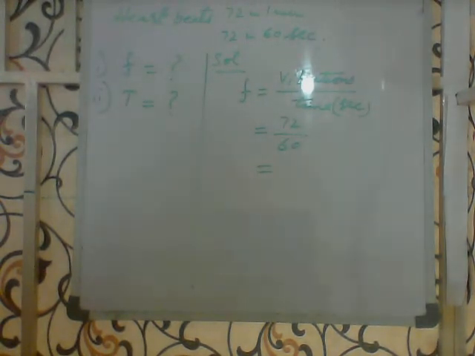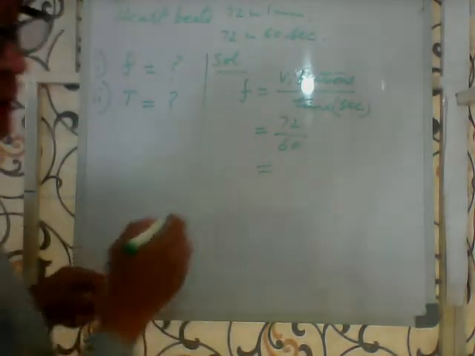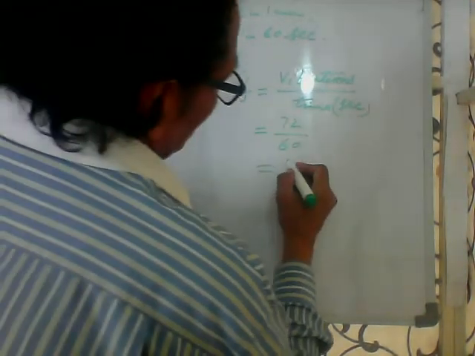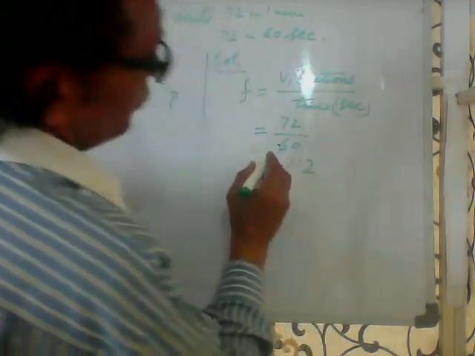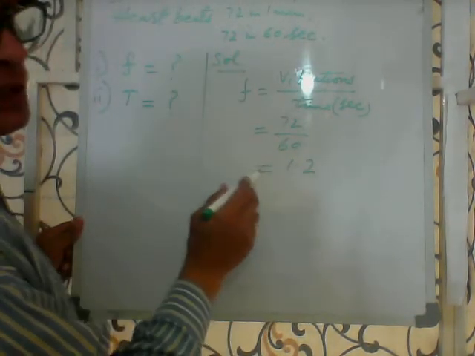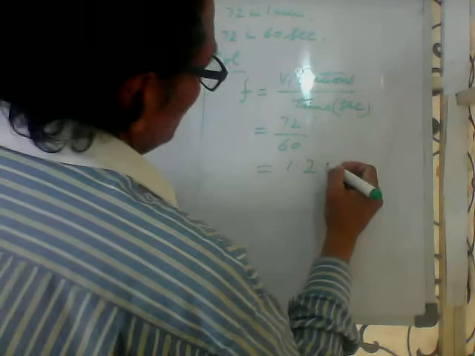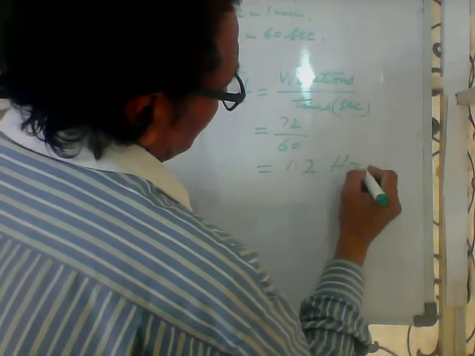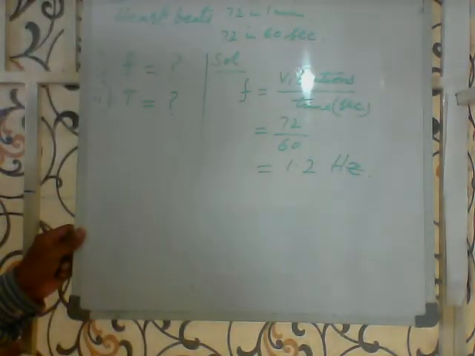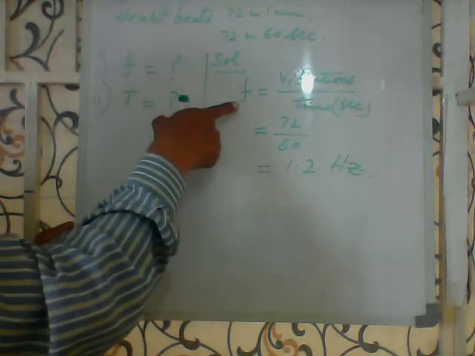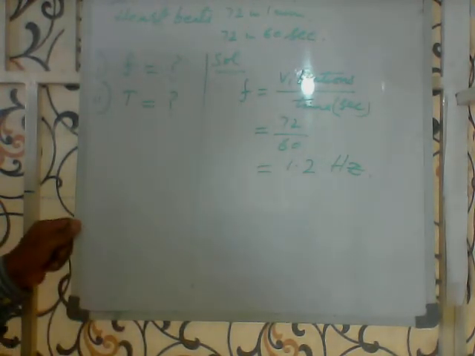On the calculator, 72 divided by 60, we get 1.2 hertz. Hertz is the unit of frequency.